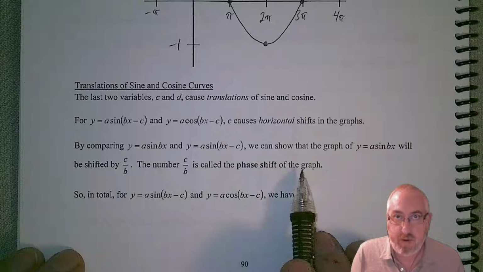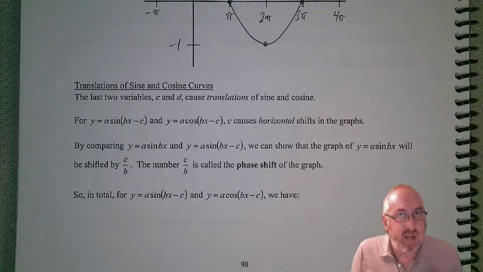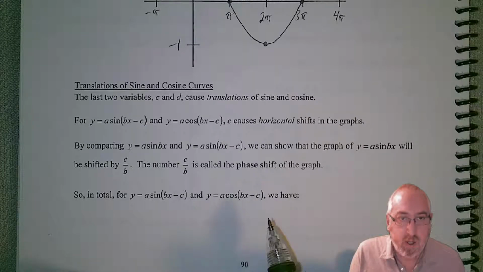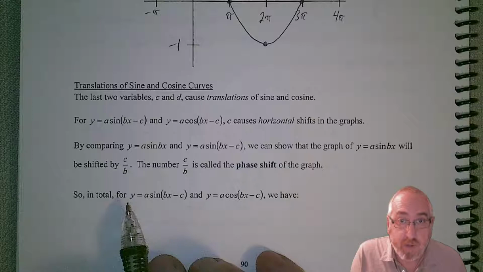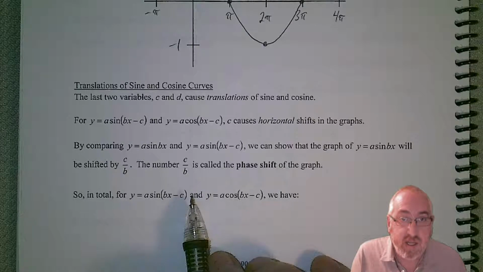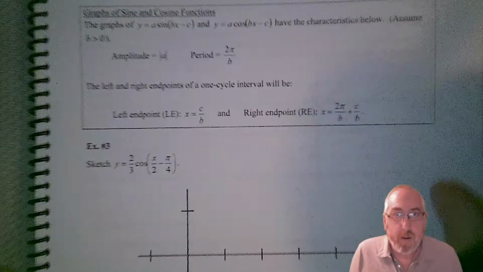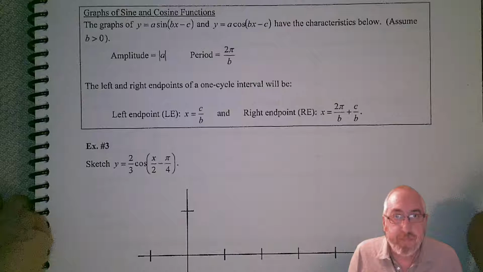Anytime you're looking at a shift horizontally, technically it's a phase shift when it's sine and cosine. So in total, for y equals a sine of bx minus c and y equals a cosine of bx minus c, we have, drum roll, all of this.